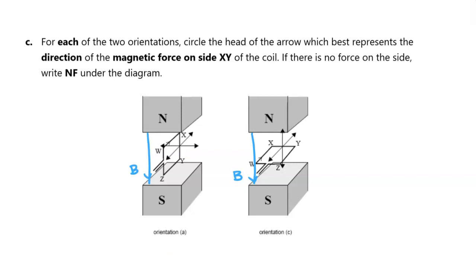Let's put that in black. Now, in this situation, we have the current going from X to Y. It's no longer parallel to that magnetic field. So that means we need to apply a right-hand slap rule to be able to determine the direction. So, fingers of our right hand pointing down, our thumb is now going to point from X to Y. So it's pointing to the right, and that means the force is going to be acting into the page. So in this case, we're going to have this arrow here.